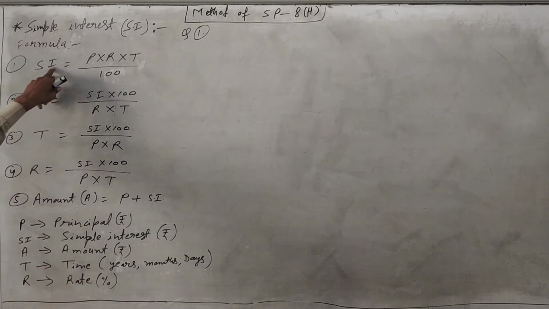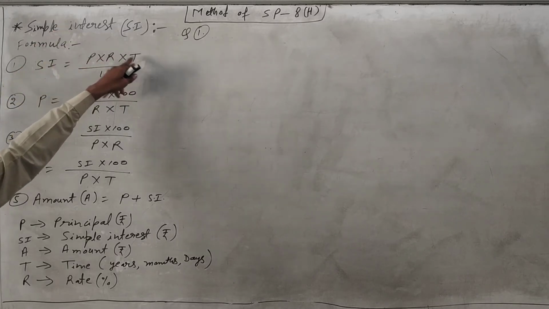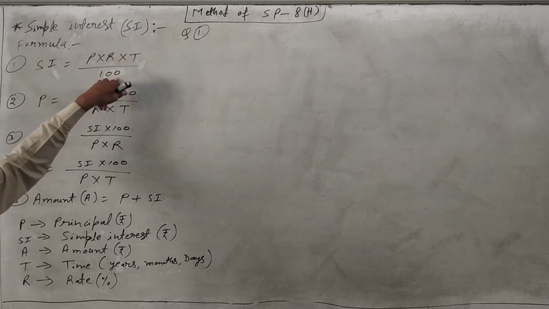We will apply the formula for SI. We will find SI if principal is given, rate is given, and time is given: P into R into T upon 100.